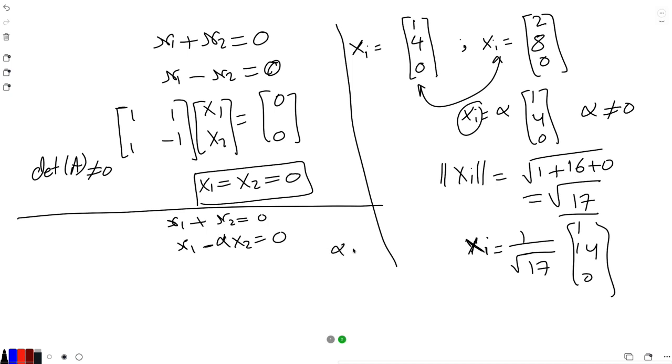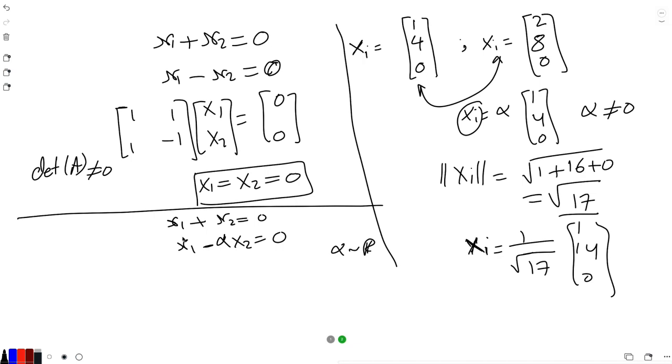Now, if I ask you a question: what is the value of alpha which makes these equations have a non-trivial solution?